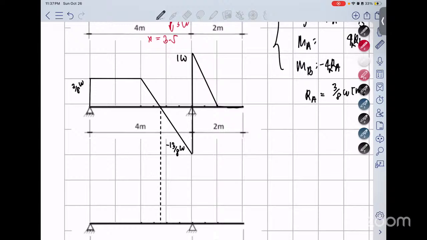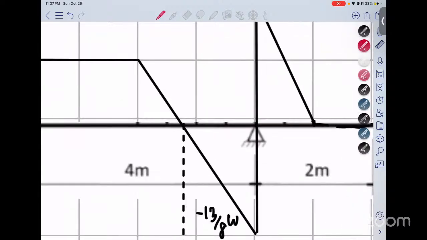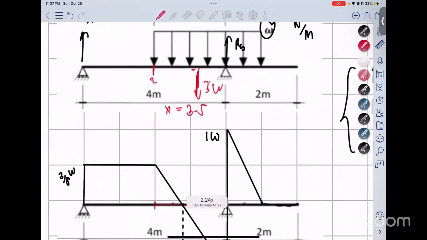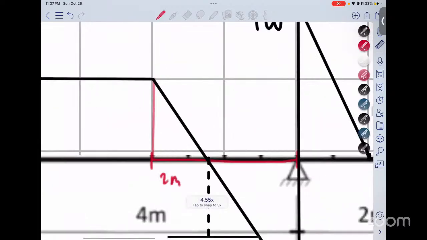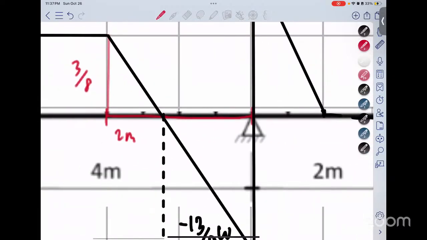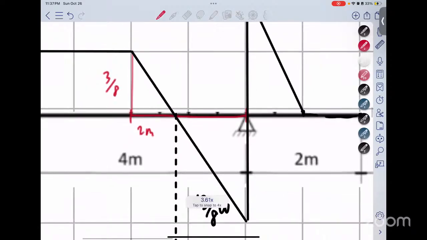Okay, so let's figure this out real quick. So this entire length is, as given in the problem, 2 meters. This height is 3/8.